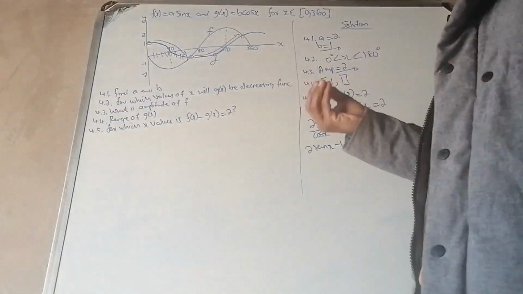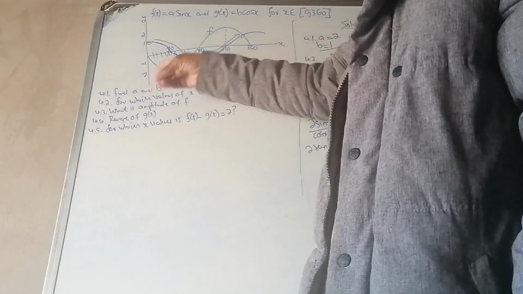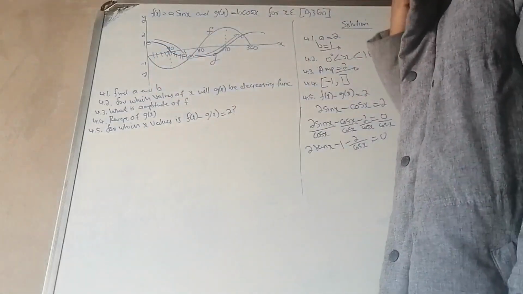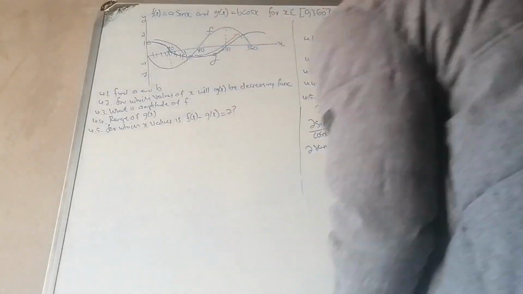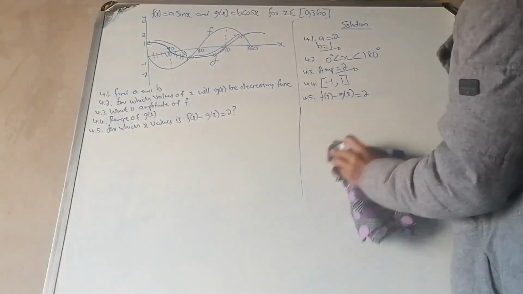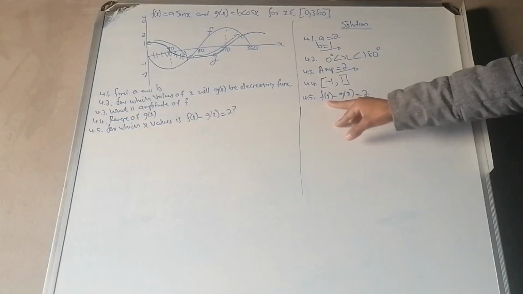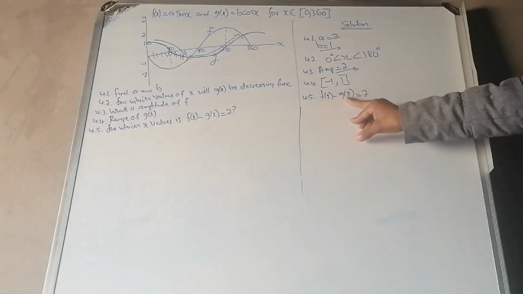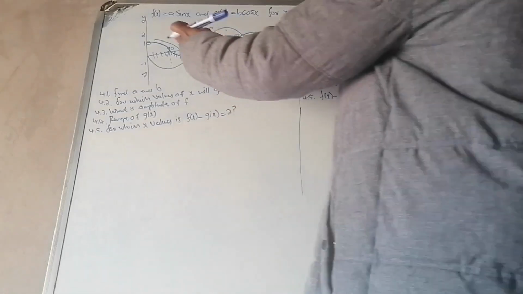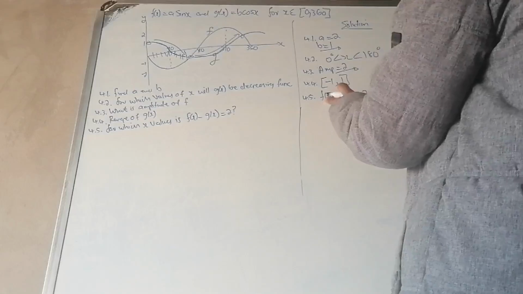Because at 0 and 180, the graph of g is above the graph of f. You can't simplify this, which is most unfortunate. If we try and interpret this as saying that the graph of f is below the graph of g.